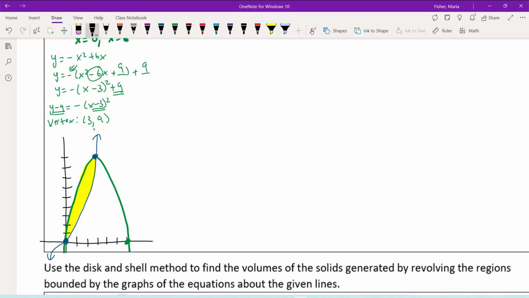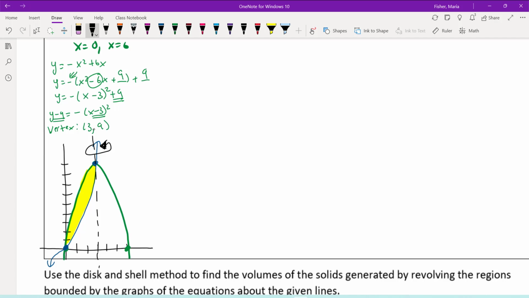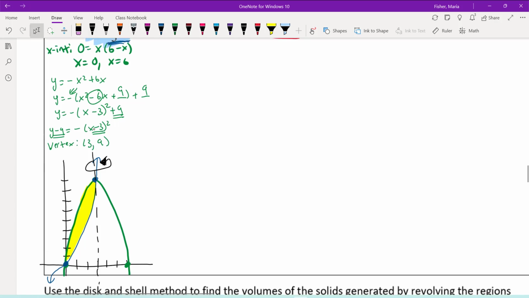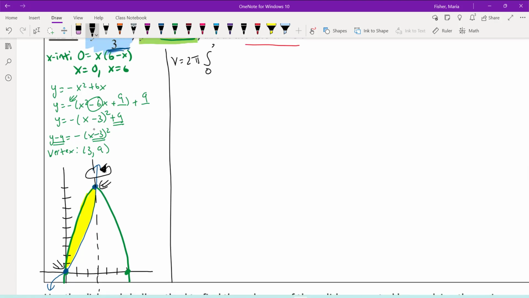And I know that I'm going to be rotating this guy right here around this line x equals 3. The first thing I ask myself is, can I find the limits of integration in x? Yes, I'm going from 0 to 3. Then I need the radius and the height. Well, this is the first time that I'm not rotating around the x-axis or the y-axis, so I need to be a little more careful for my radius.